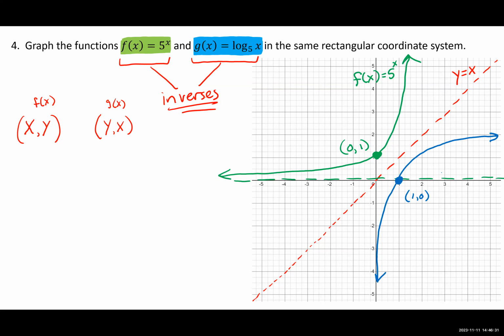The asymptote reflects as well. So that green horizontal asymptote becomes this blue vertical asymptote. Okay, so the green one is the exponential function 5 to the x, and the blue one is the logarithmic function g of x equals the log base 5 of x. They are mirror images of each other reflected over the line y equals x.